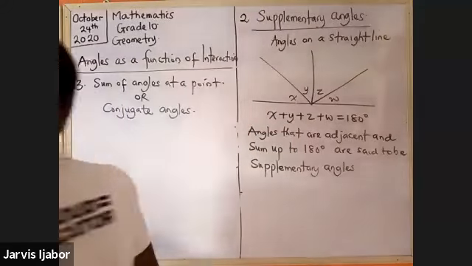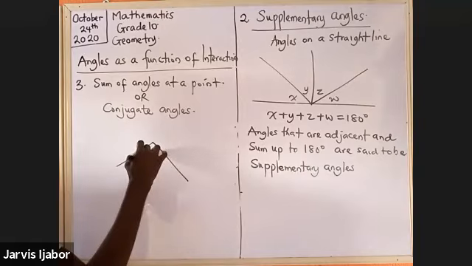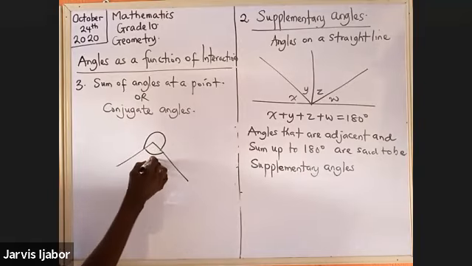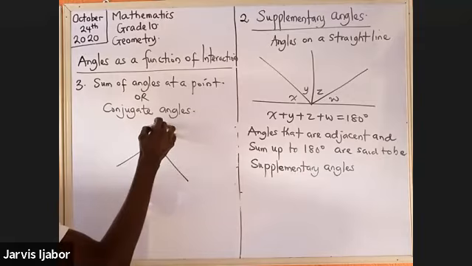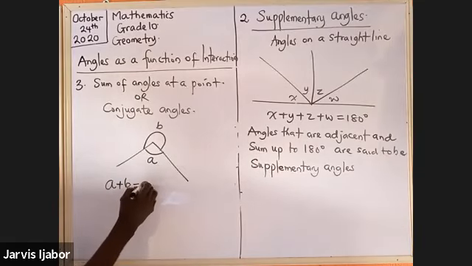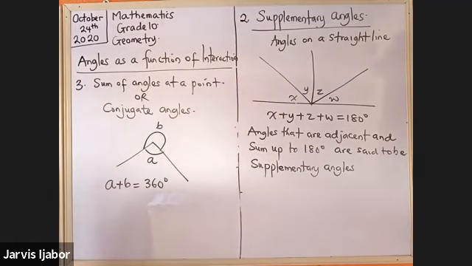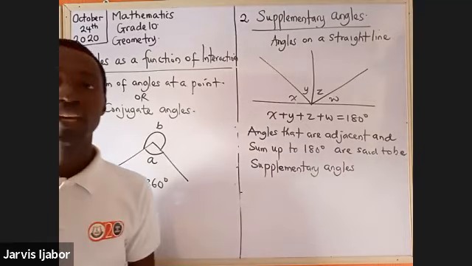So when two angles sum up to 360 degrees, we say that the angles are what? Conjugate. So if I have this, it means A plus B will be equal to what? 360 degrees. So these angles are said to be conjugate angles.